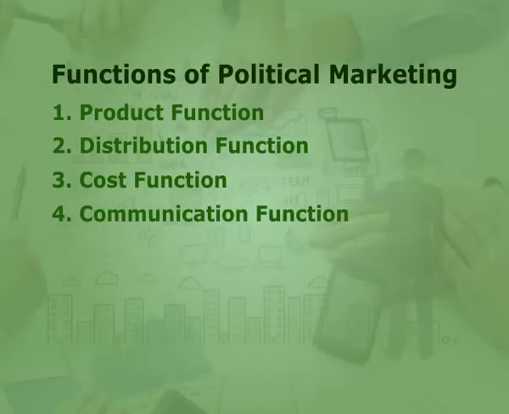The next function is the communication function, which involves informing the primary exchange partner of the offer and its availability. It is often seen as the heart of political marketing. For a political party, it implies providing political content, political ideas and future programs, but also aiding the interpretation and sense making of a complex political world.